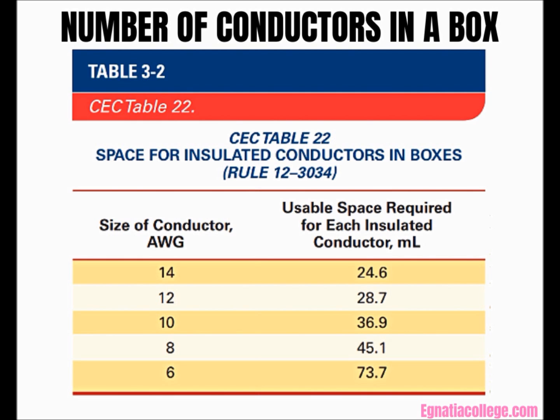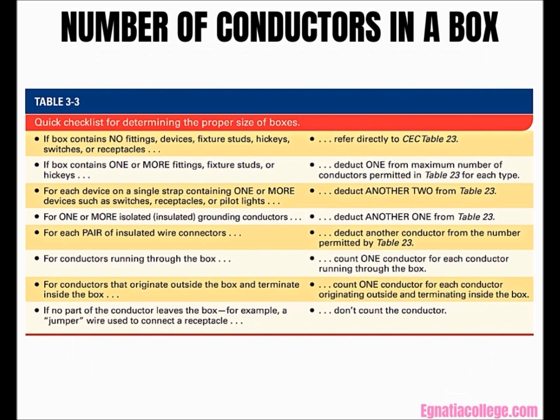When conductors are the same size, the proper box size can be selected by referring to CEC Table 23. When conductors of different sizes are used, refer to CEC Table 22. Tables 22 and 23 do not consider fittings or devices such as fixture studs, wire connectors, hickeys, switches, or receptacles that may be in the box.